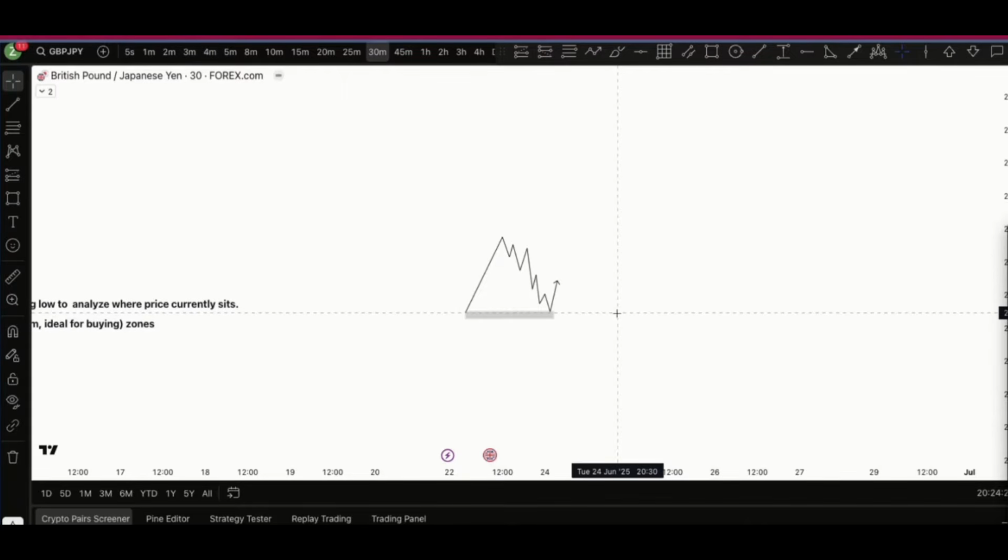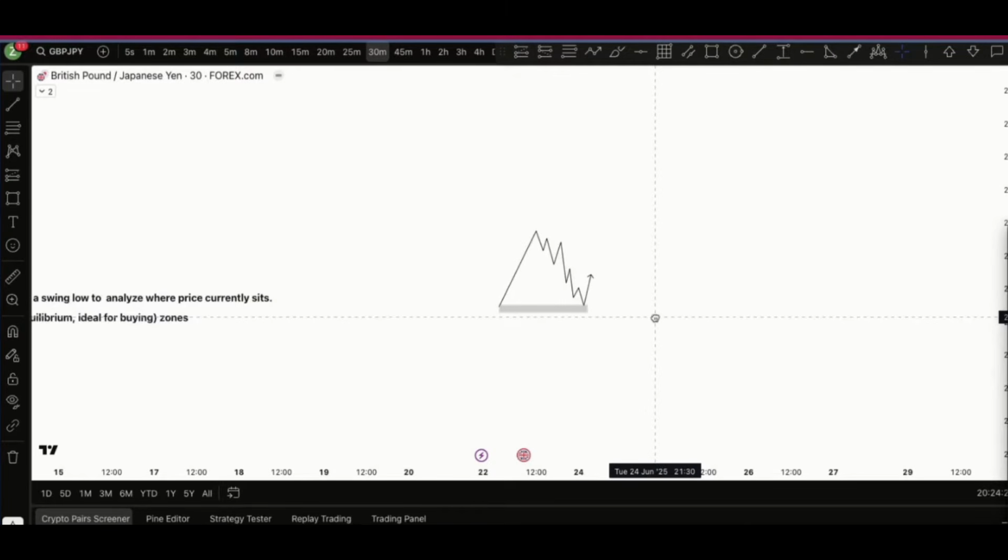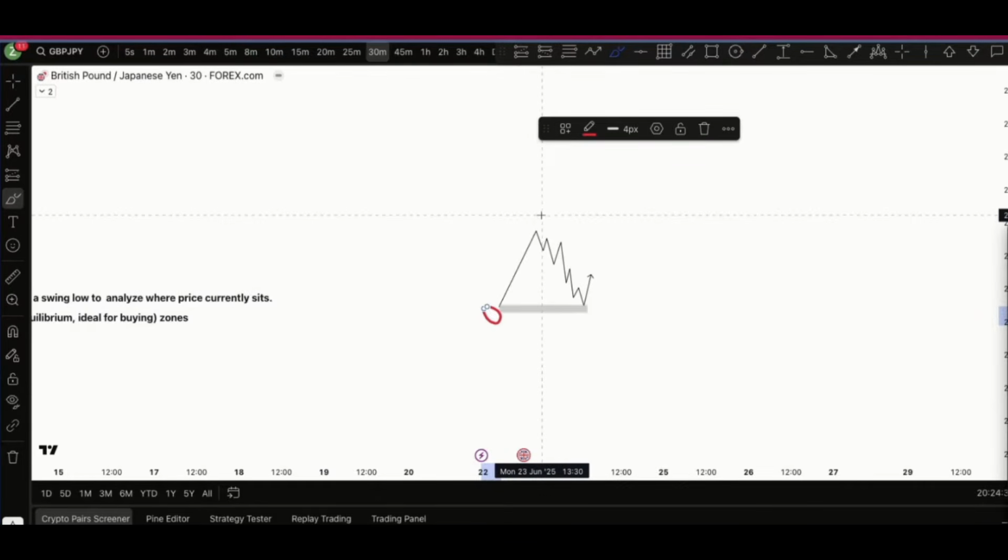And we already know from our market direction that we are in a bullish trend. And we know that a market doesn't go straight without a pullback. So from here to here is our swing zone.